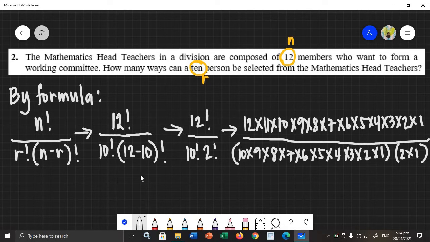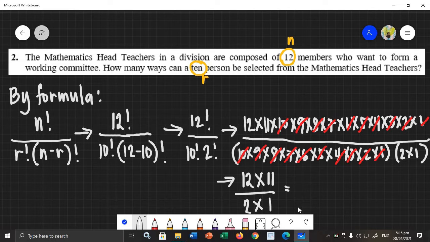Then let us cancel out the same numbers in the numerator and denominator. So we have 10, 9, 8, 7, 6, 5, 4, 3, 2, and 1. So we cancel this out entirely. Okay? And then the remaining numbers, let us find their product. So what is left in the numerator is 12 and 11, and in the denominator is 2 times 1. So we have 12 times 11.